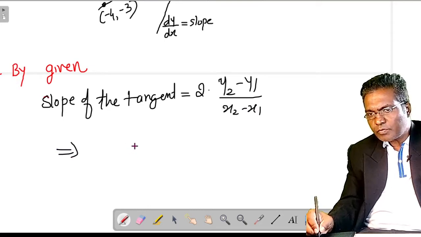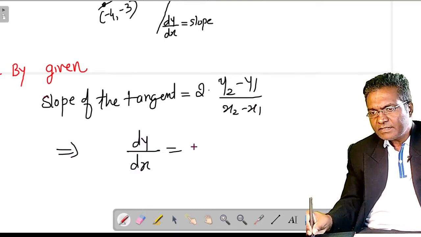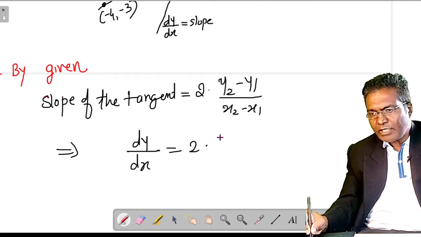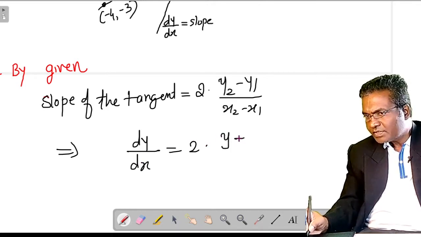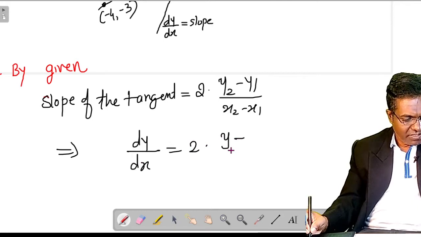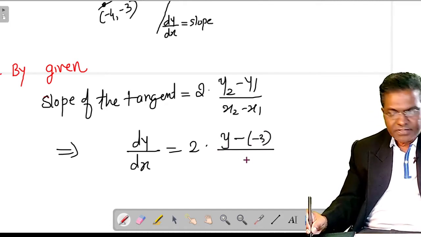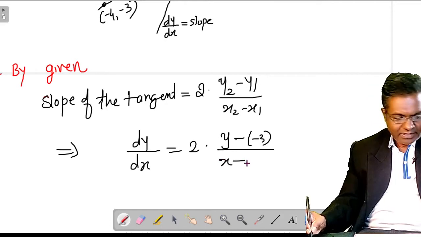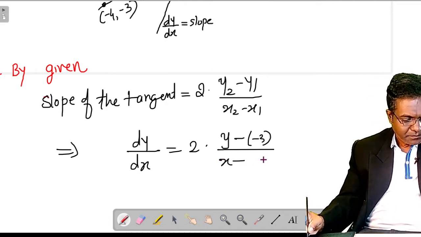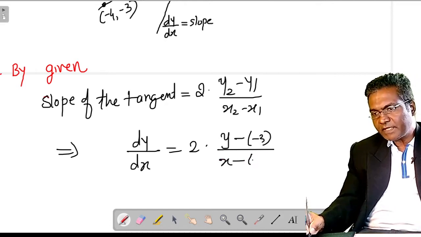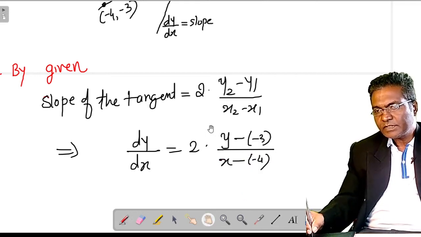The slope of the tangent is dy by dx, equal to 2 into y2, I take y, minus y1, the given point, that is -3, over x2, I take x, and x1 is -4.